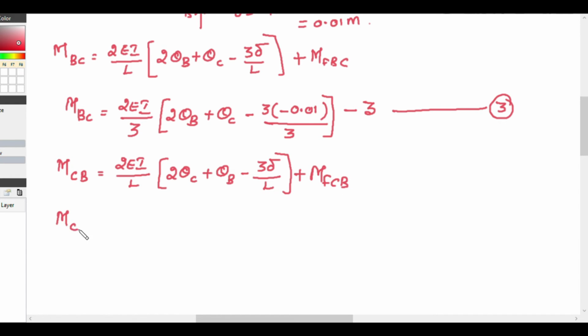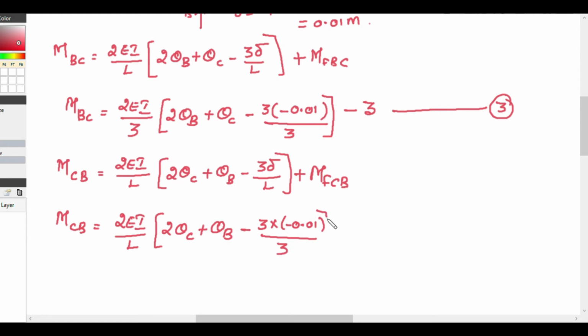We get MCB is equal to 2EI by L into 2 theta C plus theta B minus 3 into the value for delta, minus 0.01 divided by 3, MFCB is plus 3. So this is our equation number 4.